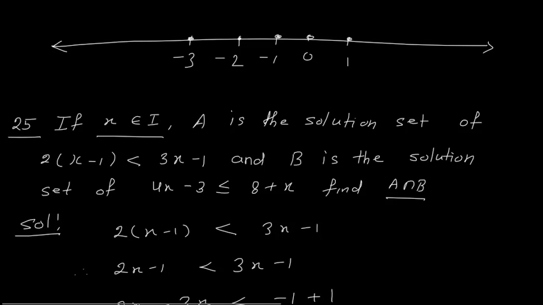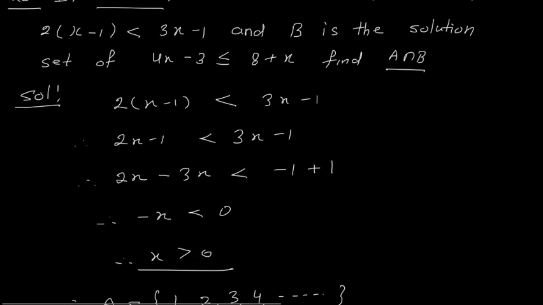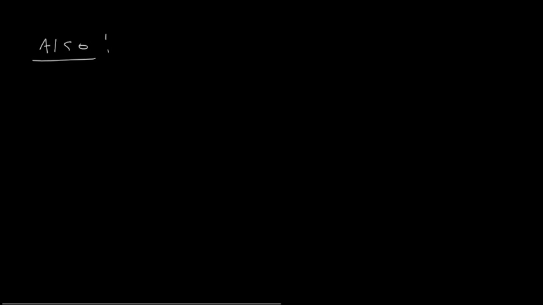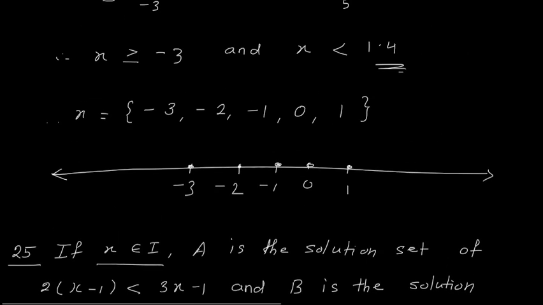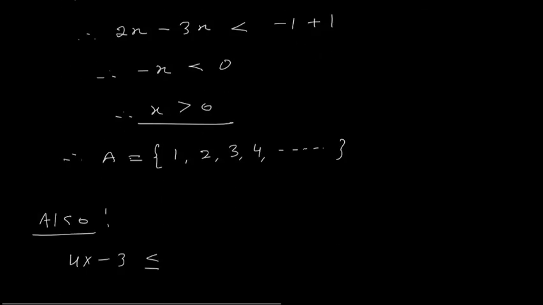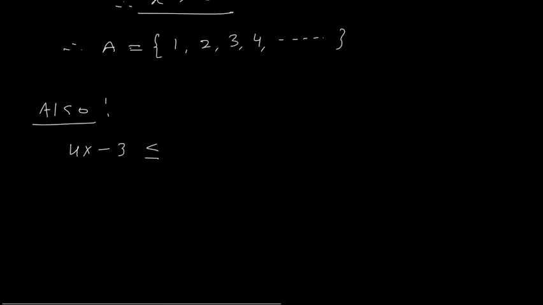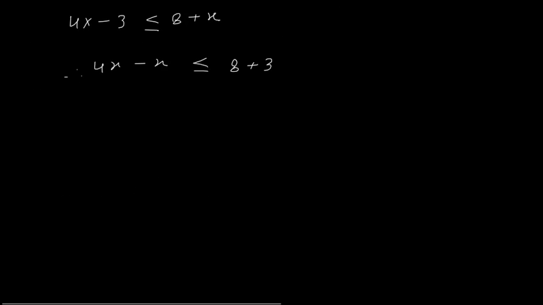So 4x minus x is less than or equal to 8 plus 3. 8 plus 3 is 11, and 4x minus x is 3x. So 3x is less than or equal to 11. Therefore x is less than or equal to 11 upon 3.